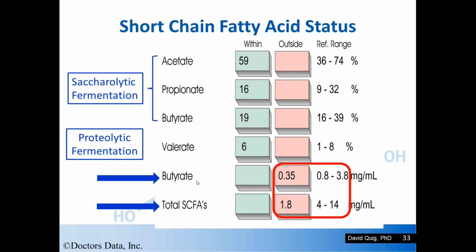When you actually objectively measure the butyrate and see that it's very low, despite the fact that there is adequate beneficial bacteria that are producing the butyrate, that's very useful clinical information that tells you that the patient needs a dietary change to include more of the soluble fibers that are the food for creating the butyrate.